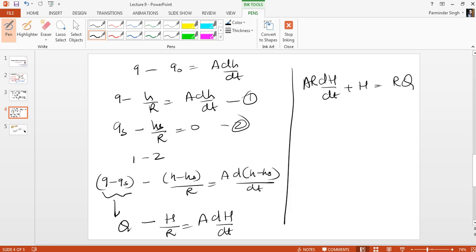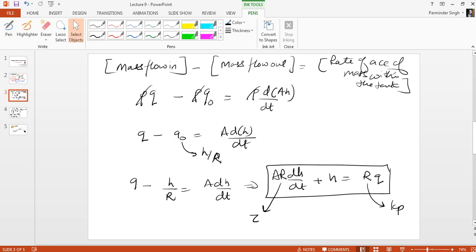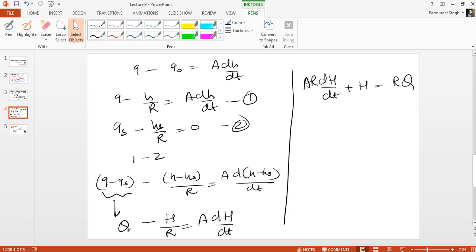It's similar to what we have written over here. Clear? But now it's in the form of deviation variables. Now taking the Laplace transform, considering the initial conditions to be 0, this comes out to be tau s into H(s) plus H(s) equal to R Q(s).